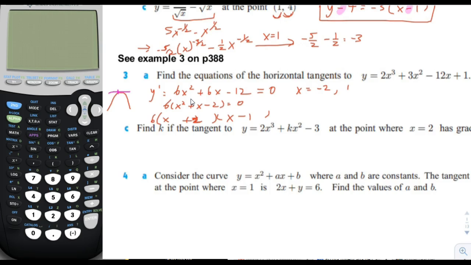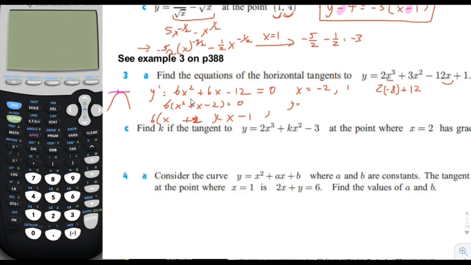Let's see, what does y equal when x equals negative 2. What point would that be? So we'll put negative 2 in here, here, and here, and we'll see what we get. So that would be 2 times negative 2 cubed, which would be 2 times 2 times 2, it would be negative 8, plus 3 times negative 2 squared, which would be 4, positive 4, times 3, which would be 12.